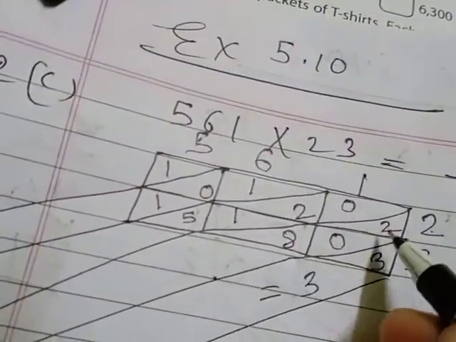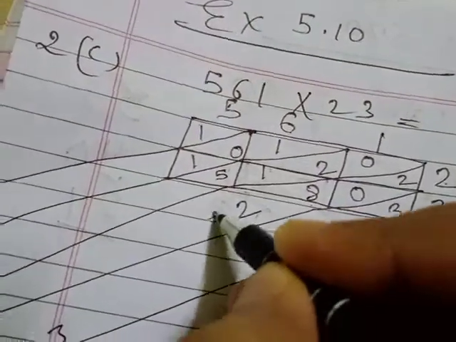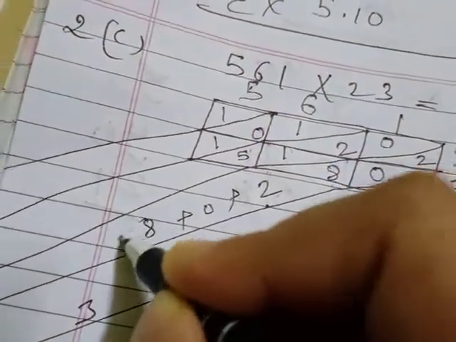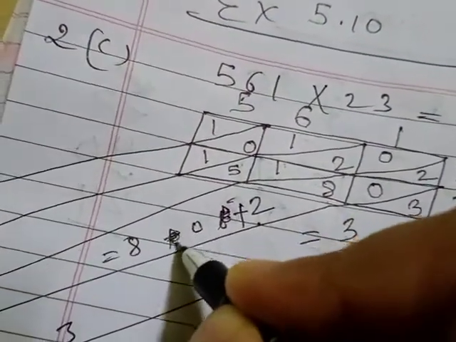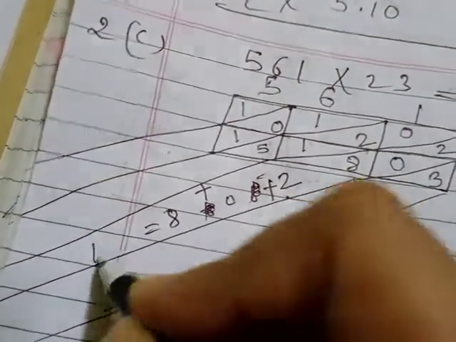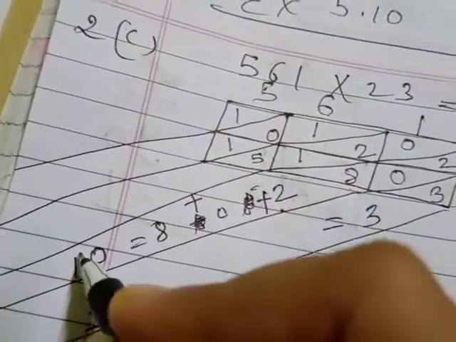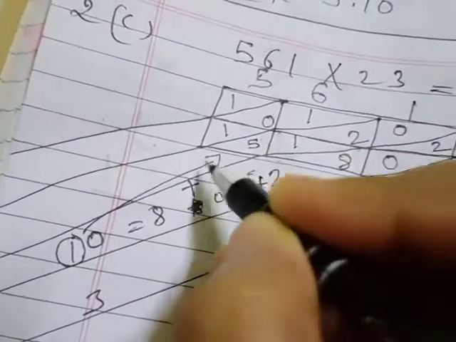Moving ahead, 2, 0 and 8, all the 3 we have to add, so 2 plus 0 plus 8. So I'll make the plus sign like this properly. 2 plus 8 is 10, so I'll write here 10. Of this 10, this 1 will be carried forward to the next place, right?